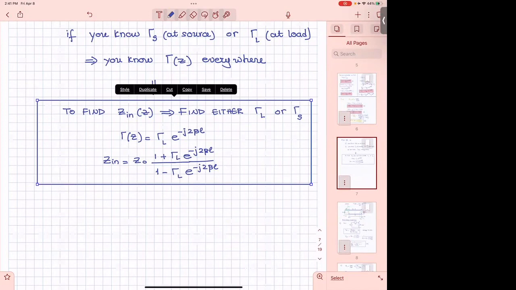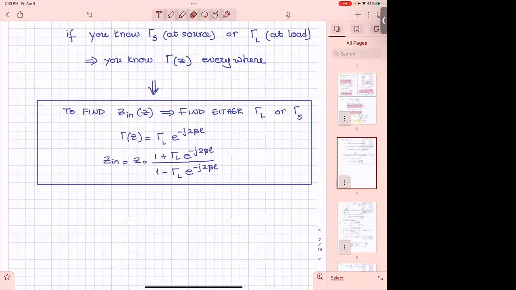The matched load gives 0 reflection. And what happens to the input impedance everywhere? It is equal to the characteristic impedance. See, this is the only thing that you need to have practice in this problem. That's all it comes down to, 2 equations. Yes, it does. But you have to know the before, all right, to be able to use them.